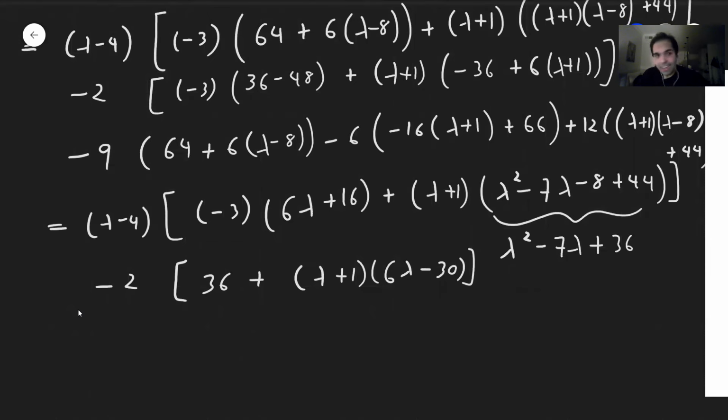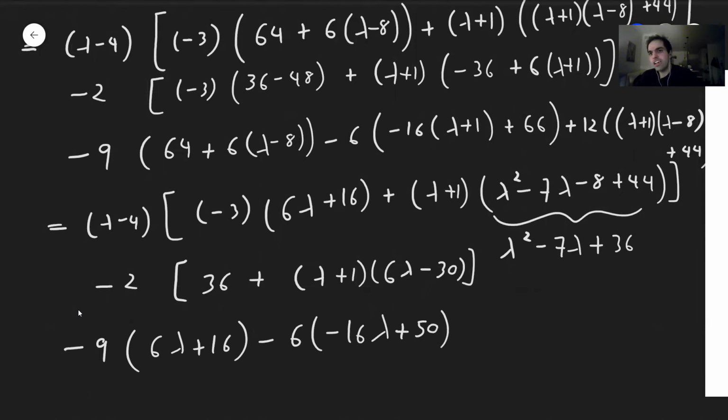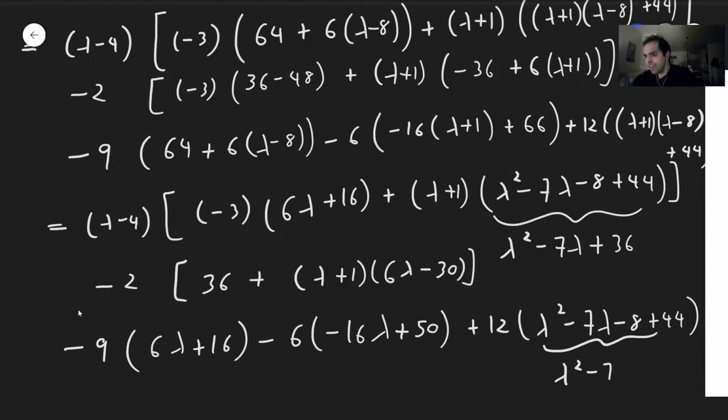So what we have, minus 9, okay, 6 lambda minus 48 plus 64, so plus 16, and then minus 6 times minus 16 lambda plus 50, and then also this gibberish, so plus 12 times lambda squared minus 7 lambda minus 8 plus 44, which becomes lambda squared minus 7 lambda plus 36. Oh my God, I don't know where I am anymore. Okay.